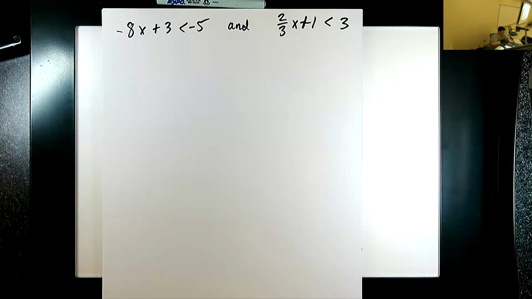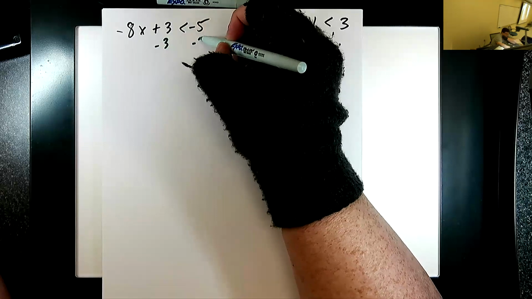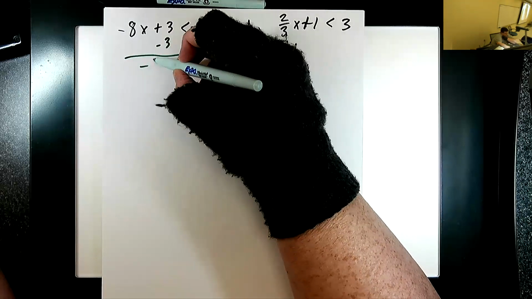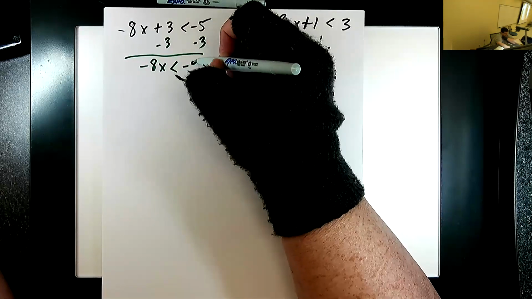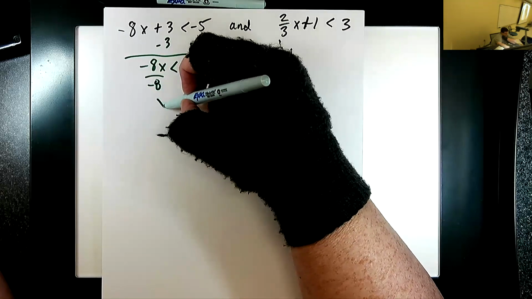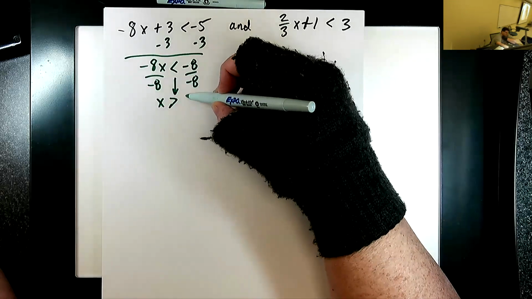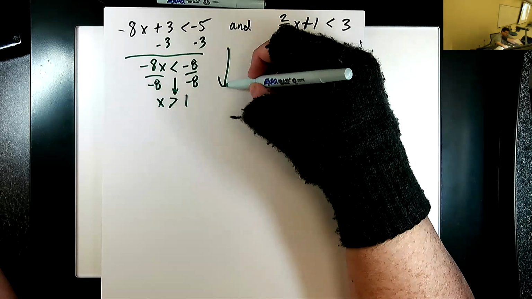All right, so we'll go through these. The left one, we subtract 3 from both sides. And negative 8x is less than negative 8. And we divide by negative 8. And I get x. I divided by negative, so I got to flip the sign. X is greater than 1.